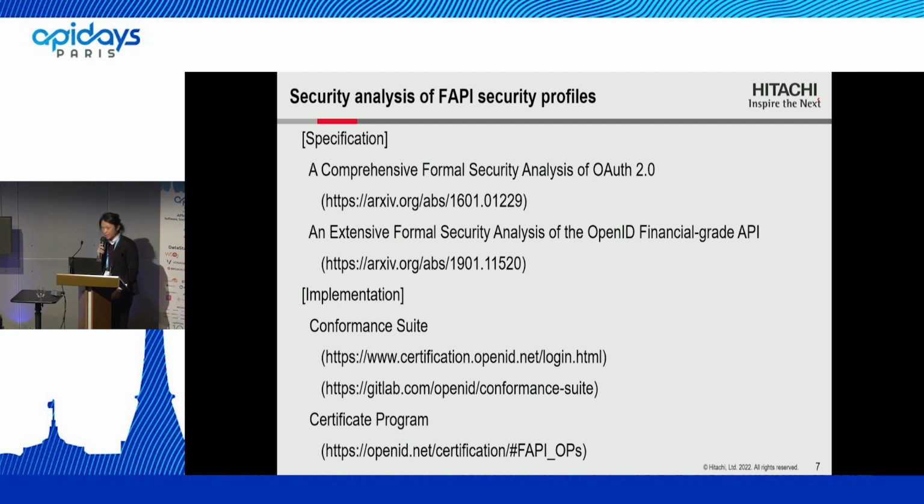This conformance test suite is published as open source software. Therefore, by using this conformance test suite, we can check whether our product that implements FAPI security profiles actually complies with the FAPI security profiles.